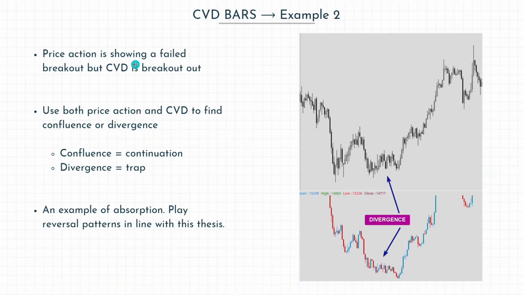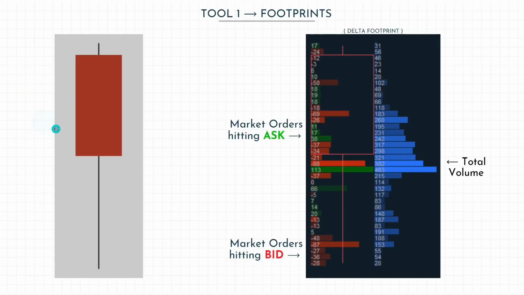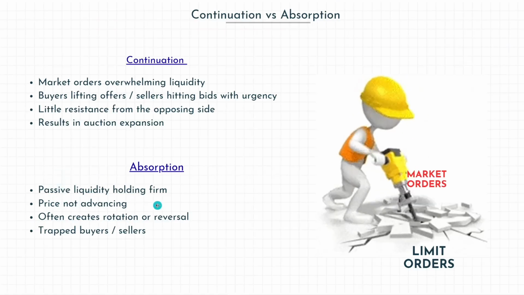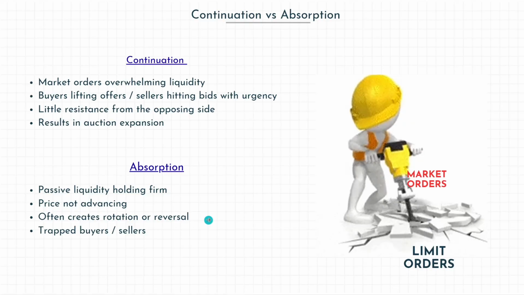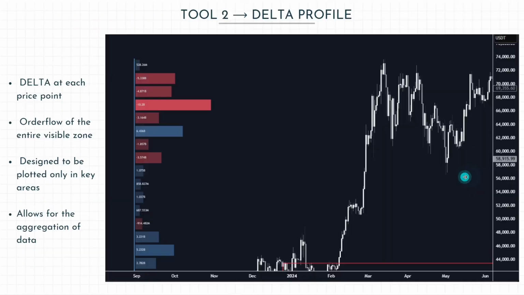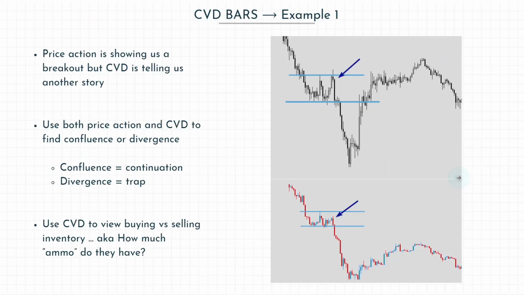Okay, here's an example of absorption. Absorption, again, go all the way back, is passive liquidity overwhelming the market liquidity. So again, Bookmap, passive liquidity, right?